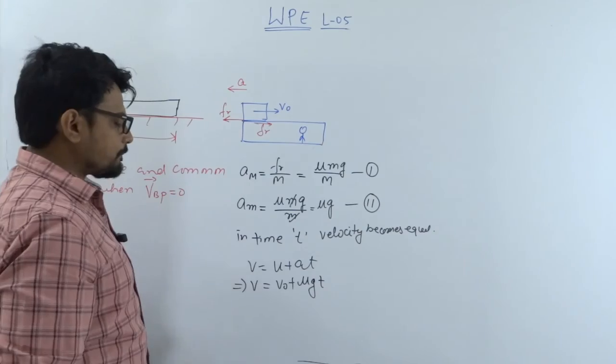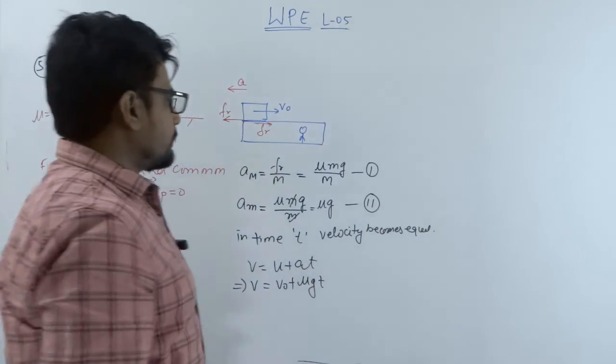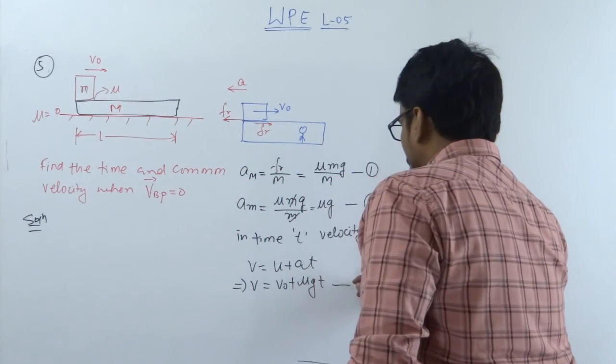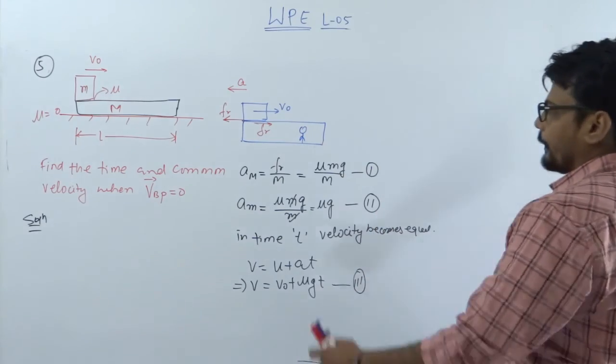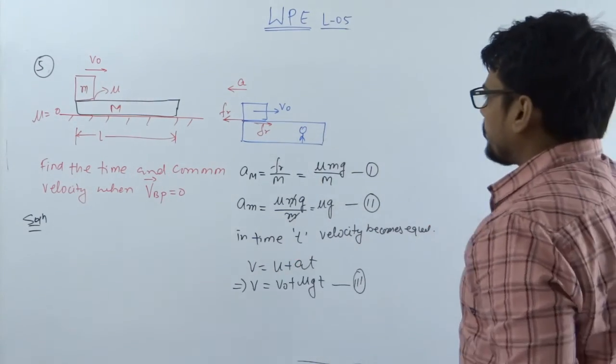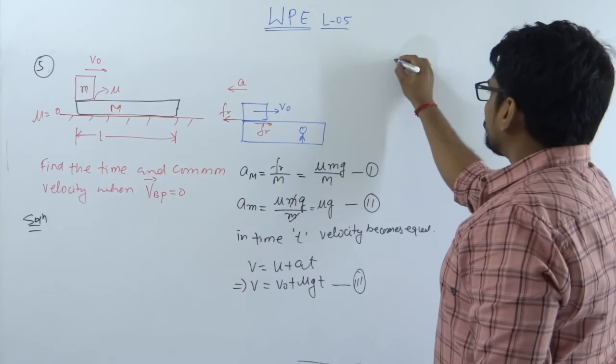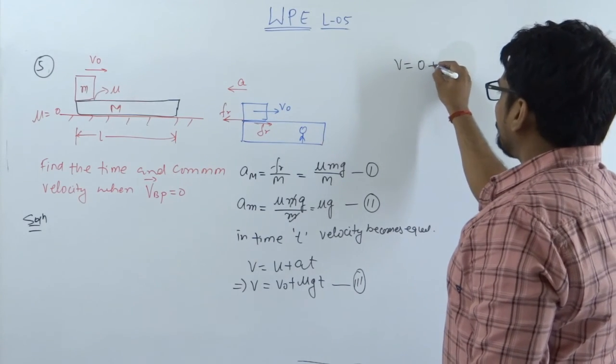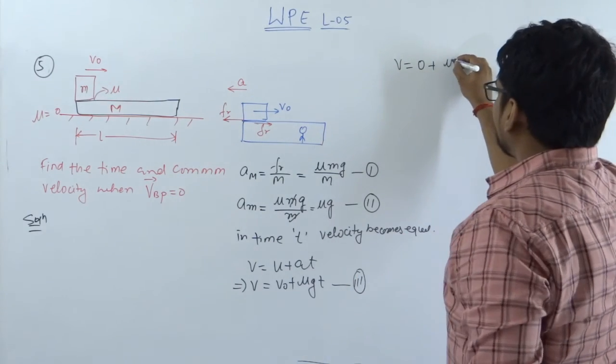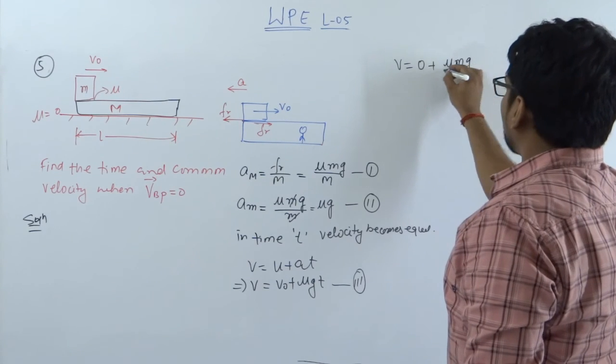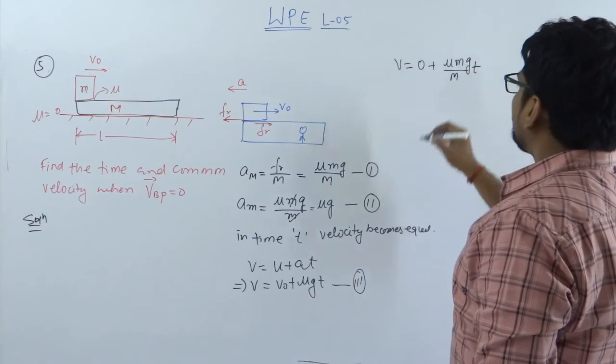अपने को मिल गया. Let us talk about the plank. This is the third equation. Plank का क्या हो जाएगा? If I look at the plank, initially it was at rest, so the final velocity could be written as 0 plus at. a is how much? Mu times of mg upon capital M into t.